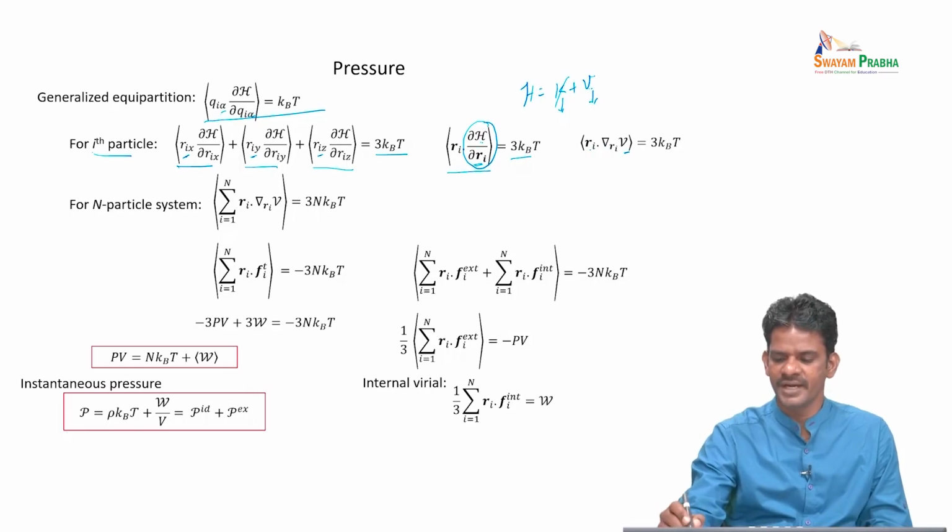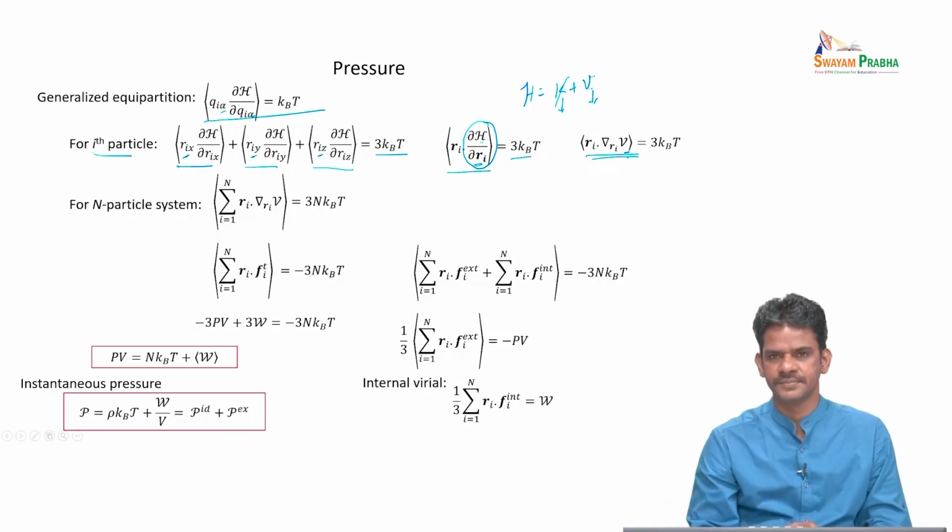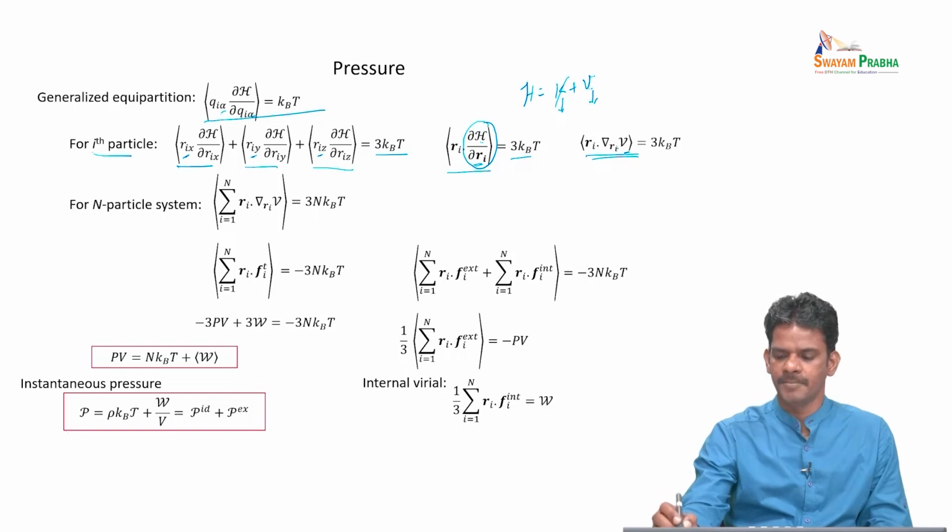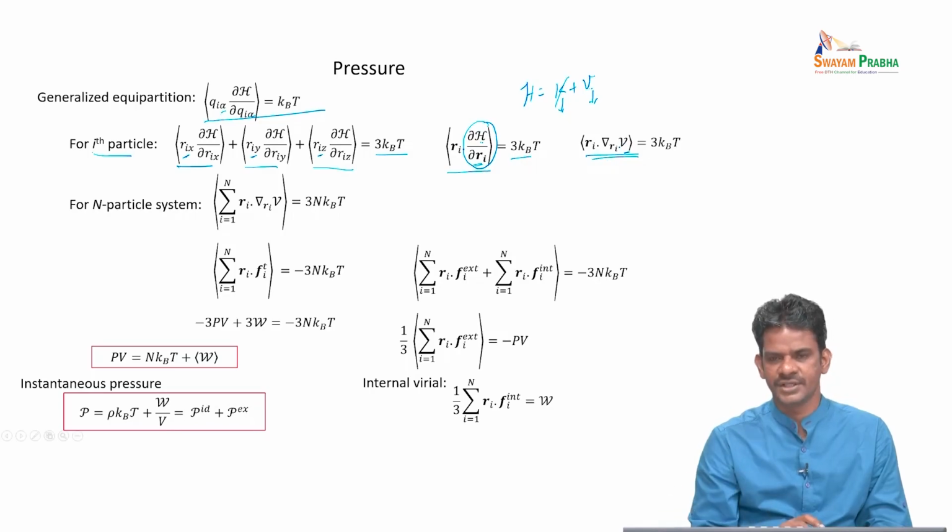So then you are able to write the average value of Ri dot del Ri V should be equal to 3 kBT. This is for the ith particle. And this gradient basically means the partial derivative with respect to coordinate space of the potential energy.